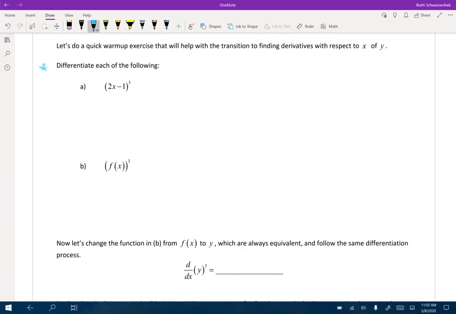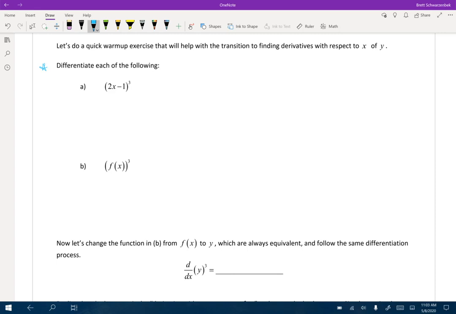If you're comfortable with what we did in the prior section, the chain rule should be screaming at you right now in your head. Why? We have a power, cubed, but we also have 2x minus 1 inside of that function. So this is composite. How would we normally find this derivative? We would use the chain rule.